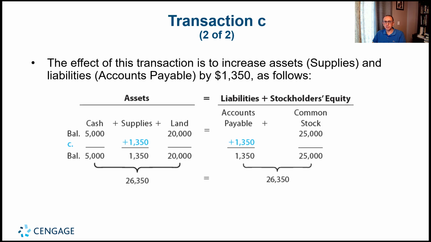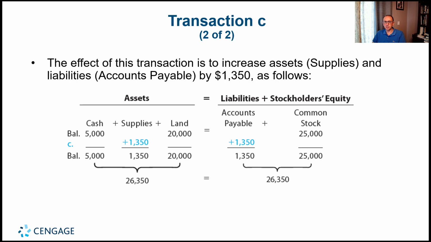On the right-hand side, our equity is still the same, $25,000, but we owe the company that we bought these supplies from $1,350 under the account called accounts payable. So if we add all the assets, $26,350, which is the left-hand side of the equation, it's equal to the right-hand side of the equation, which is $26,350, consisting of equity of $25,000 and $1,350 for the accounts payable.